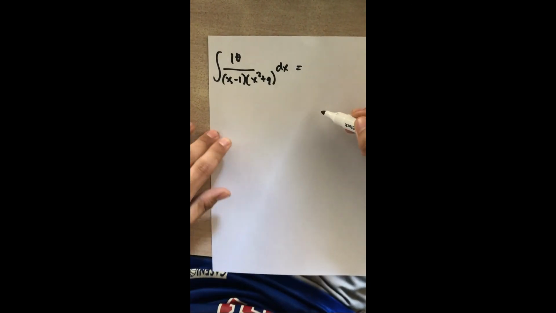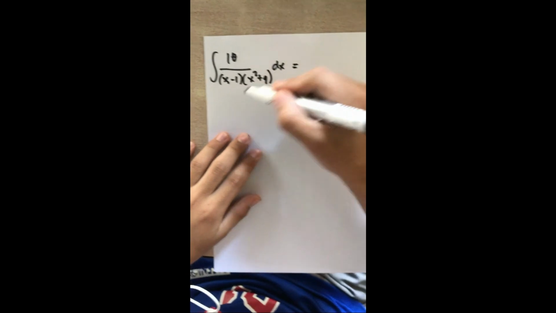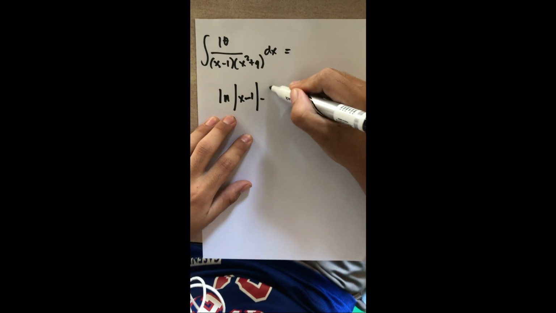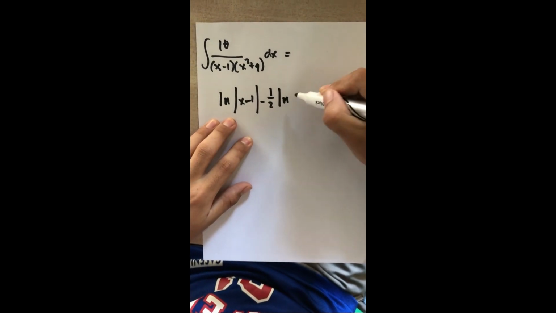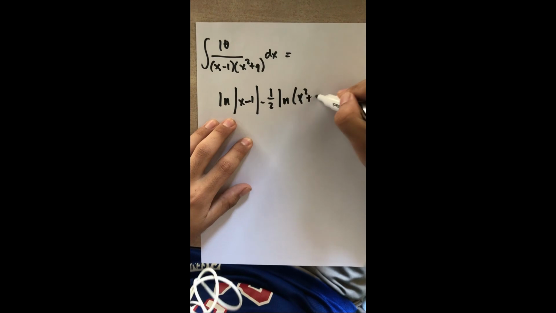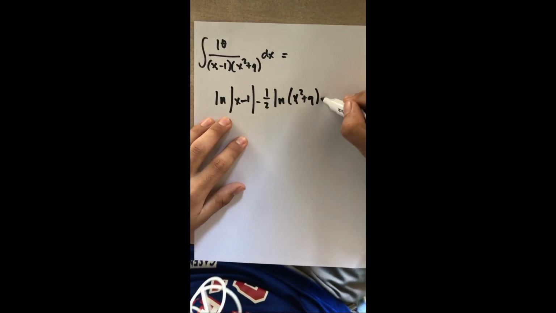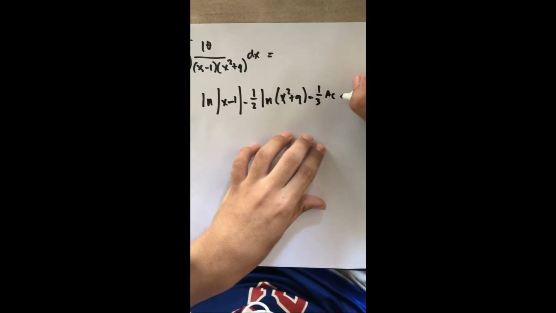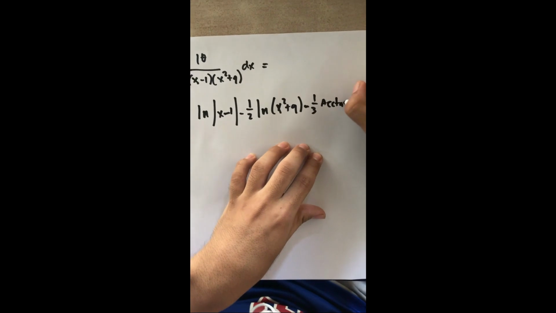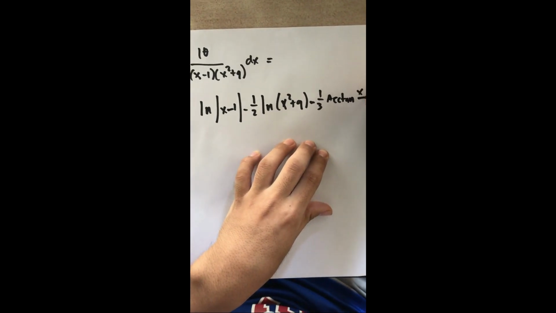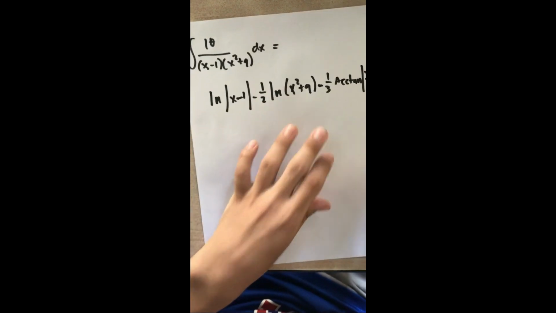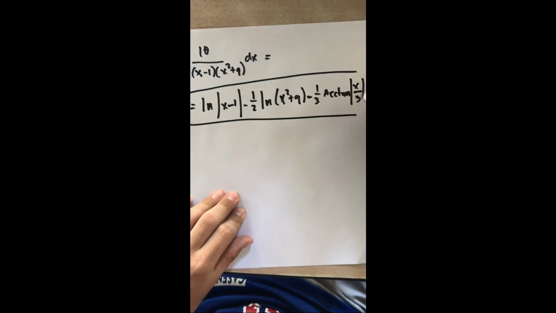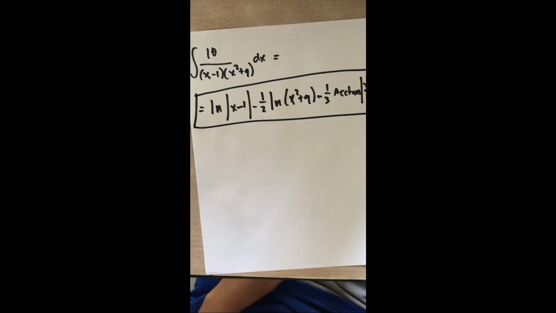The integration of 10 over x minus 1 times x squared plus 9 is equal to ln of x minus 1 minus 1/2 ln of x squared plus 9 minus 1/3 arctan of x over 3. Thank you very much for listening. Good day.